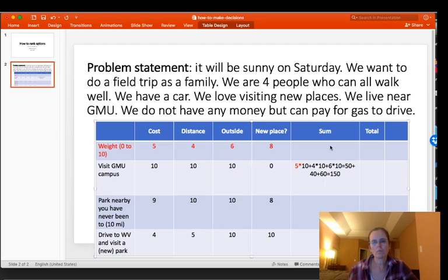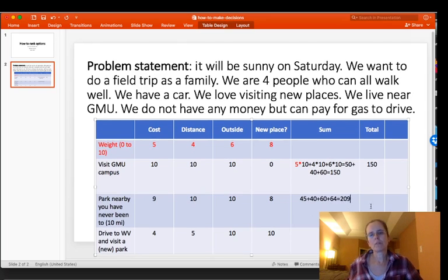So basically the total of the campus visit to GMU is 150. It's their grade. So now here it's 5 times 9 is 45 plus 40 plus 60 plus 64, which is 145, plus it's like 209. Already going to a park nearby beats going to GMU.